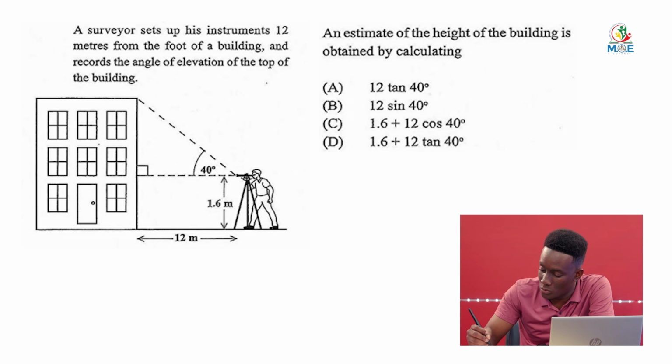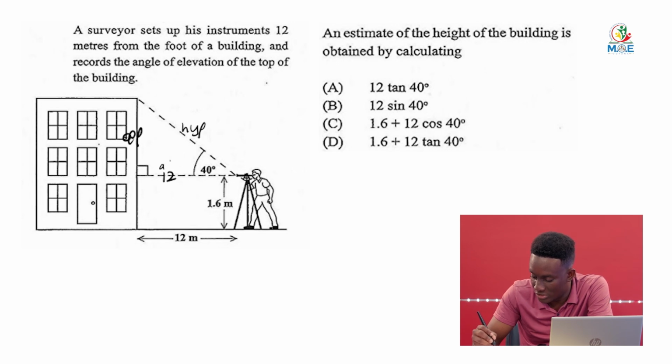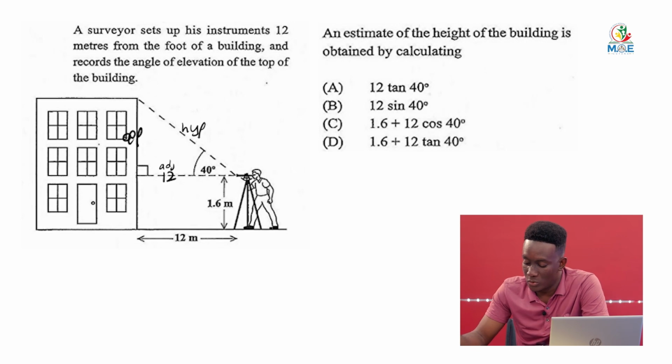So let's go. We have here being 12, so let's label. We know here would be the opposite, and opposite the right angle here would be the hypotenuse, so here would be the adjacent. We have the adjacent and we want to find the opposite.